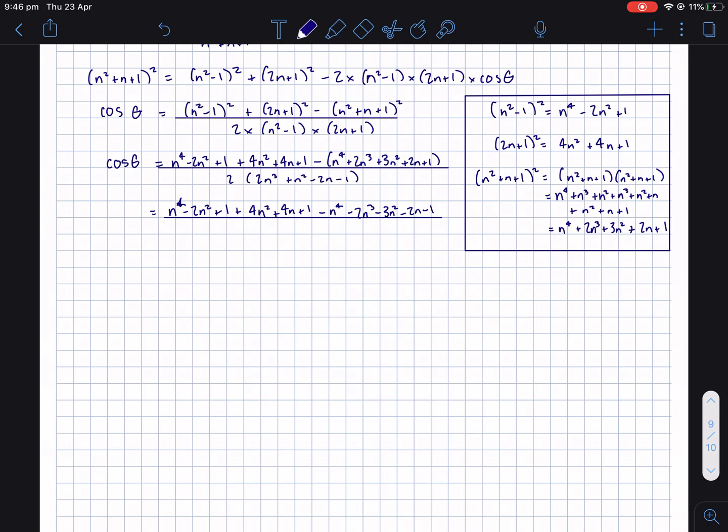All over, these are all times by 2, so I've got 4n cubed plus 2n squared, take 4n, take 2. So that's cos theta, so cos theta.